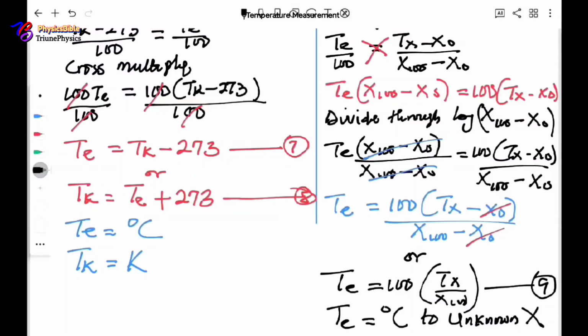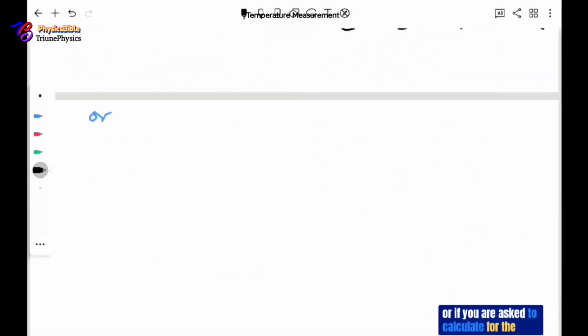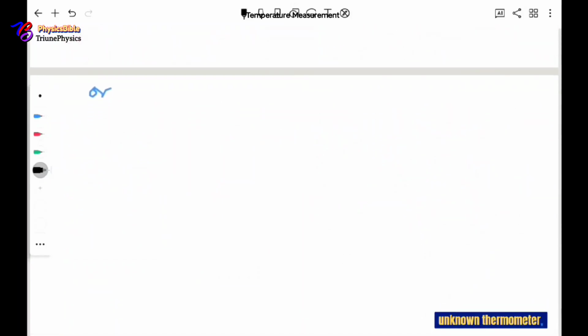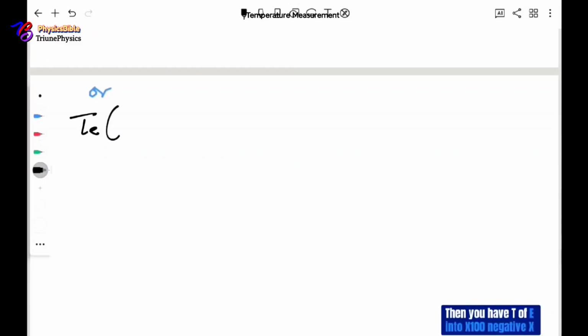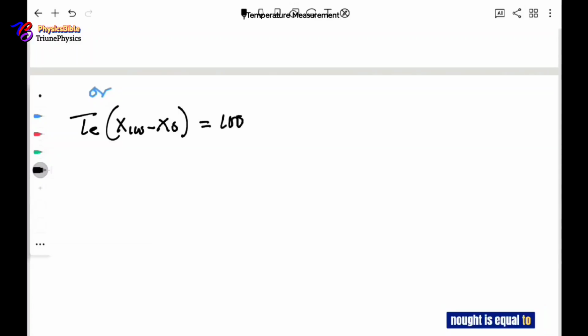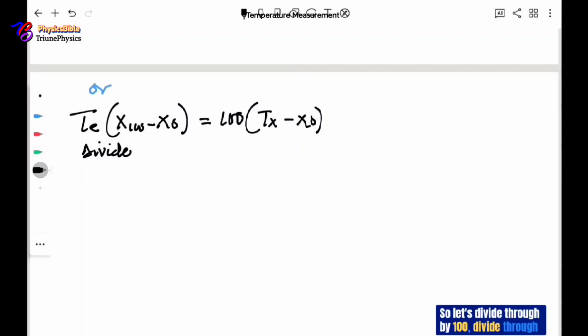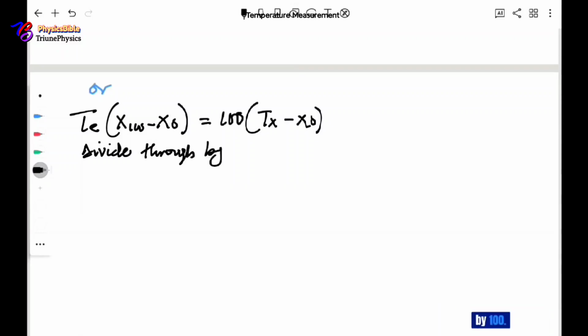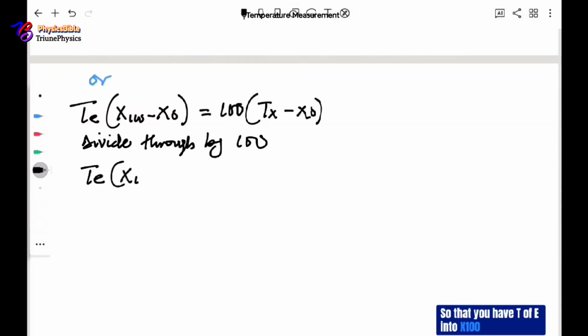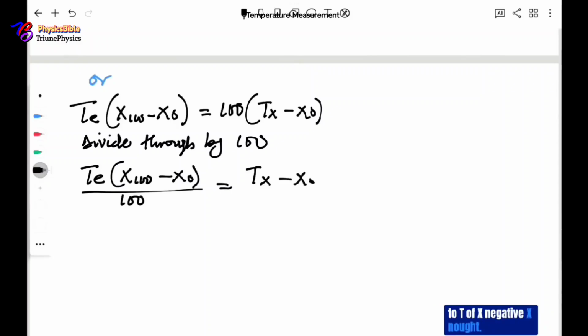Now, let's proceed further. If you are asked to calculate the temperature of the unknown thermometer, then you have T_E into (X_100 − X_0) is equal to 100 into (T_X − X_0). So let's divide through by 100, so that you have T_E into (X_100 − X_0) divided by 100 is equal to T_X − X_0.